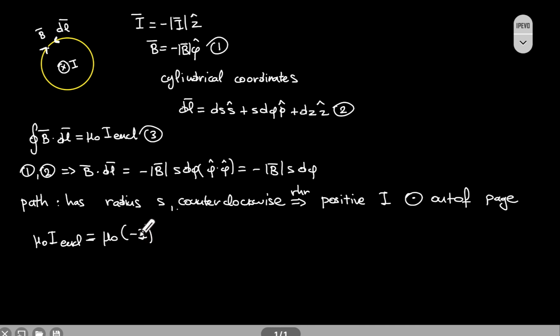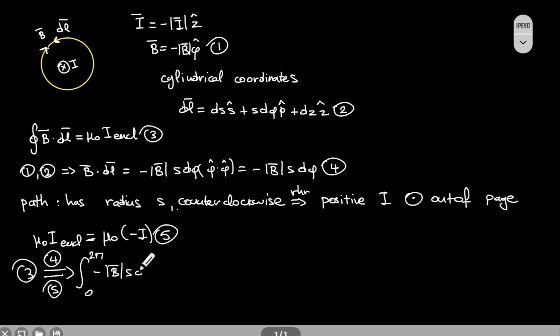The reason why I included the minus sign here is because my current is moving in the negative current direction. Now let's say this is equation 4, this is equation 5. Now I'm using Ampere's law and equations 4 and 5, and this gives me the integral from 0 to 2 pi of minus B s dphi. I'm going to do the integral first.